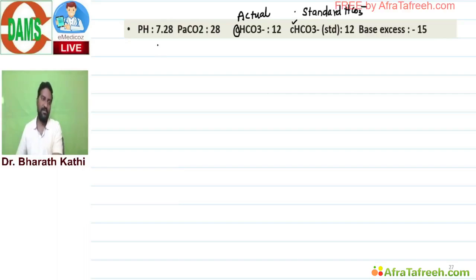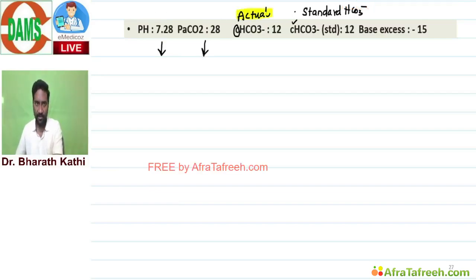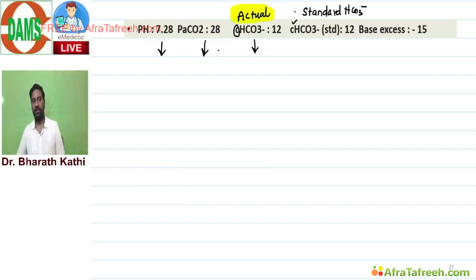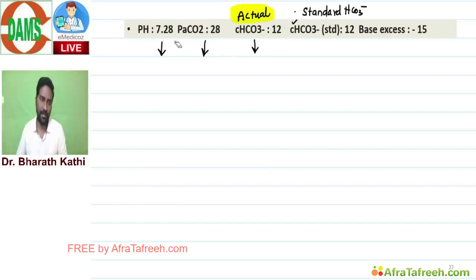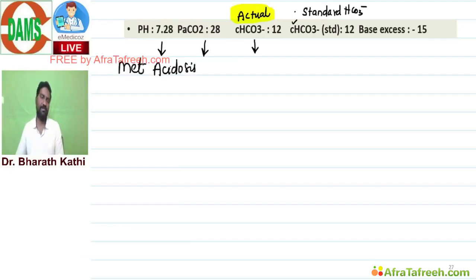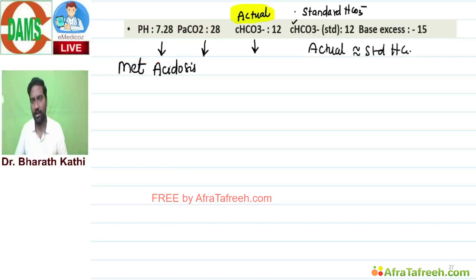Now let us see the ABG disorder. pH reduced, CO2 reduced. For all practical purposes, in ABG you should always use actual bicarbonate only. Use actual bicarbonate for initial interpretation. C stands for calculated value. Bicarbonate, I told you, is a calculated value from the Henderson-Hasselbalch equation. No doubt, decreased pH is acidosis, and the changes are in the same direction, so it is metabolic acidosis. Now if you notice here, actual and standard bicarbonate are the same.